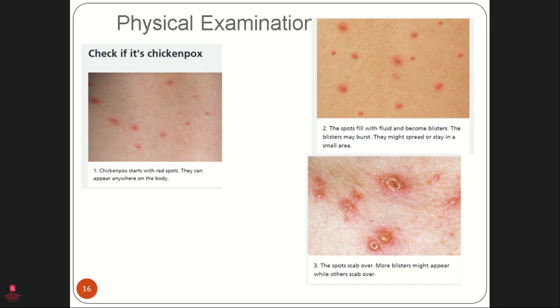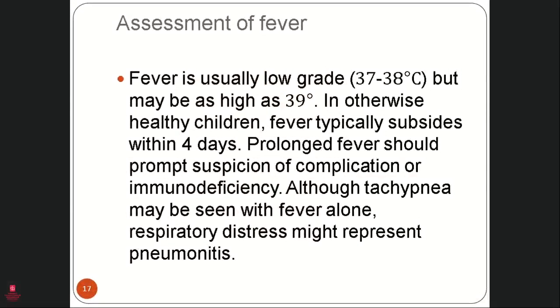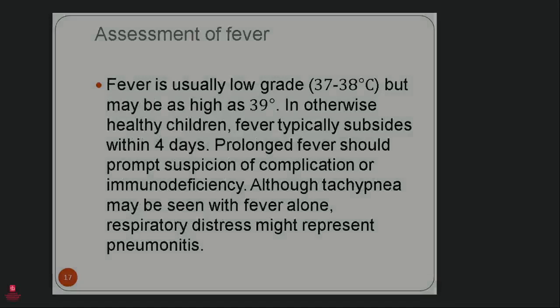The hallmark of the disease is the simultaneous presence of different stages of the rash. Fever is usually low grade. In otherwise healthy children, fever typically subsides within 4 days.